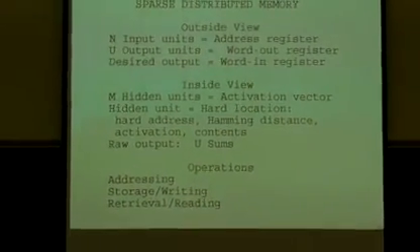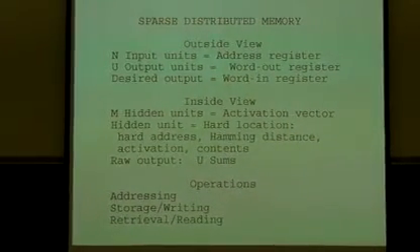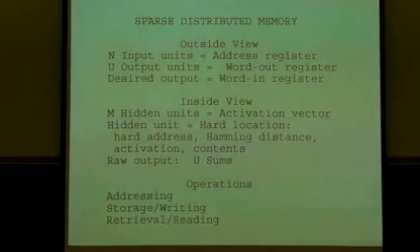If you look at sparse distributed memory, that particular associative memory, from the outside, it has a certain number of input units, the address register, and output units, the word out register, the desired output. The data goes in from the word in register.